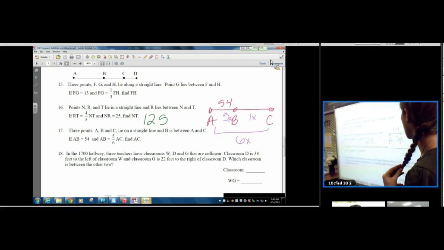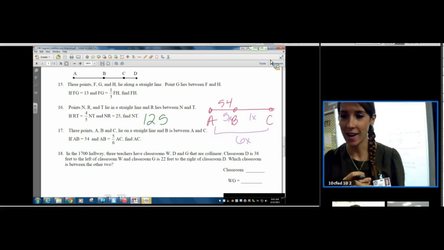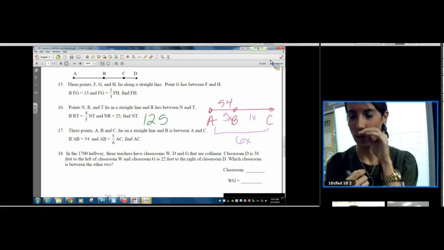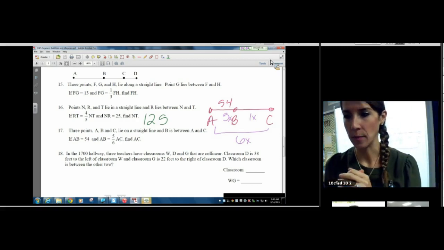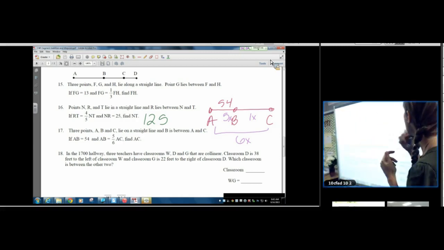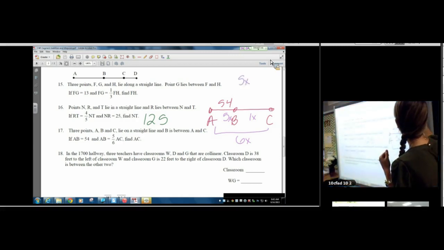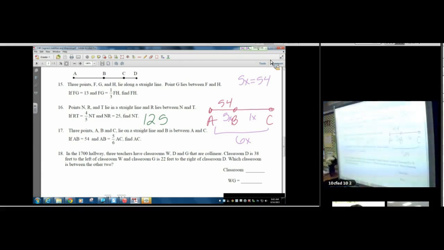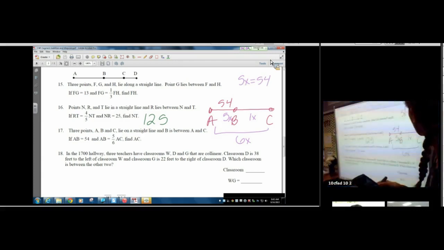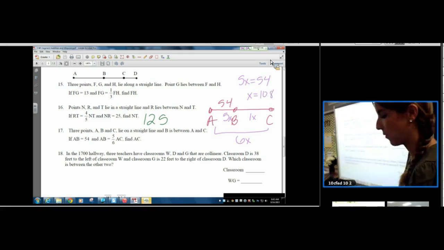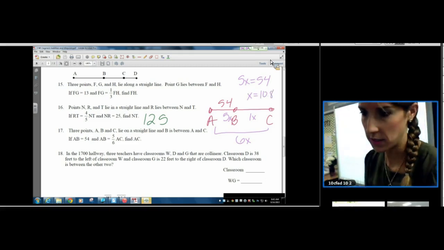The only thing about this one that's a little bit uglier is that we wanted the one that was 1x to be 54, right? But the 5x is 54. Let's find out what x is. X is just kind of our ratio, and then we'll plug it in. So the part that gets 5 is 54. So we'll do 54 divided by 5, and we get 10.8, or you can keep it in fraction form, 54/5.